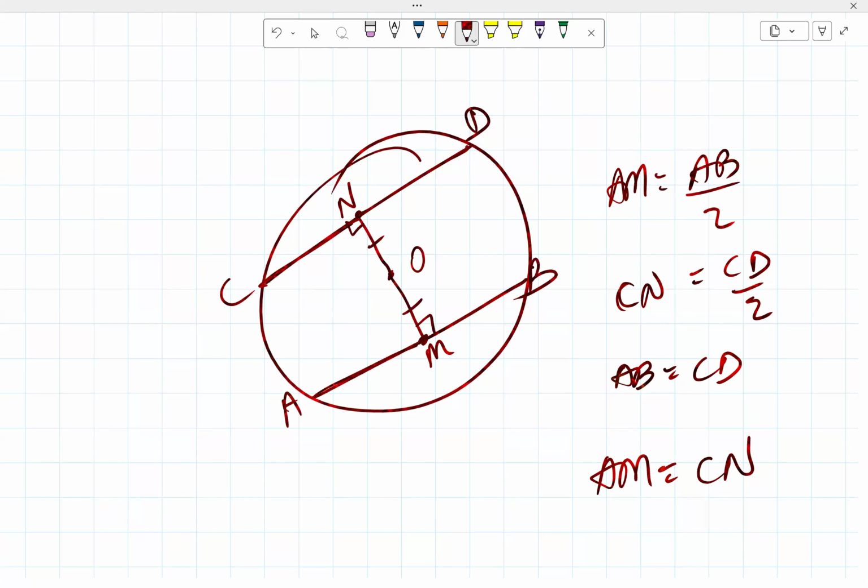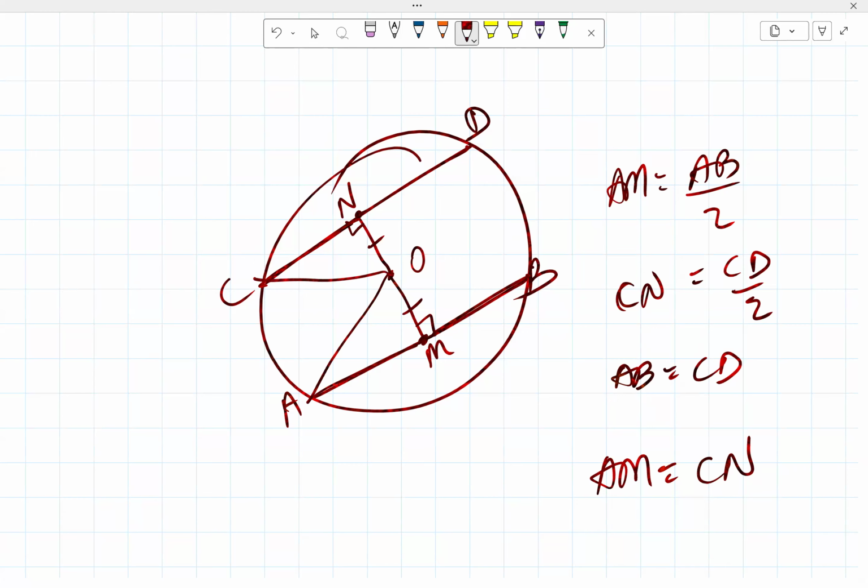Since it's halfway, these two are also exactly the same. So that's established. And beyond that, we can now say that if we look at right angle triangles OAM, OAM like this, and then OCN like this now.